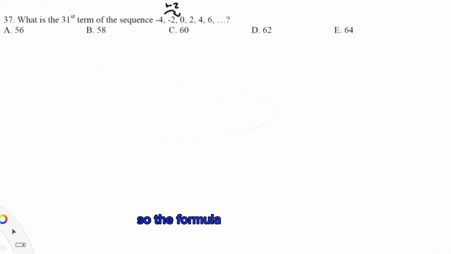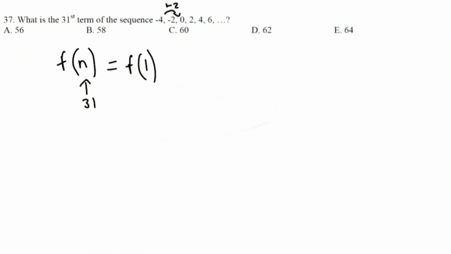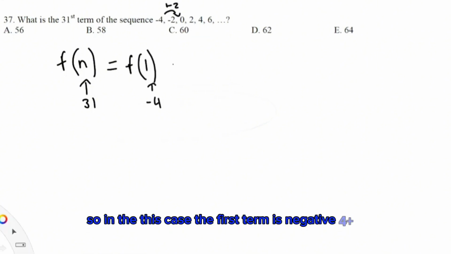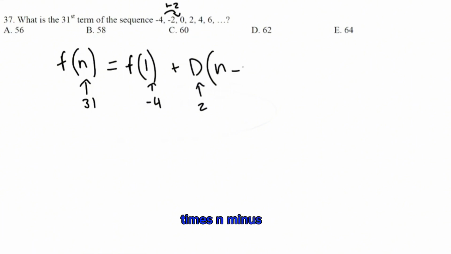The formula for this is f of n, so in this case n is 31, is equal to f of 1, which is the first term. In this case, the first term is -4, plus d, which is the common difference. It's adding 2 each time, so plus d, which is 2, times n minus 1. And we know n is 31.